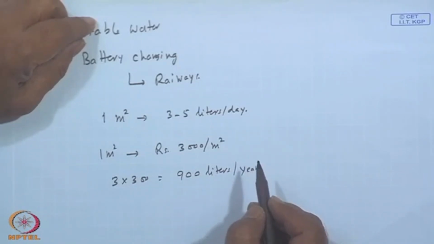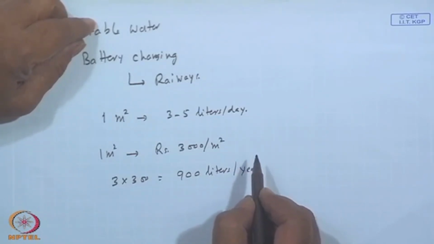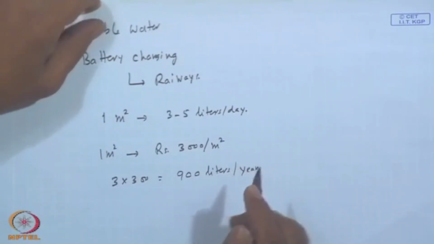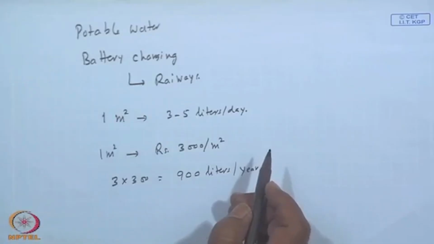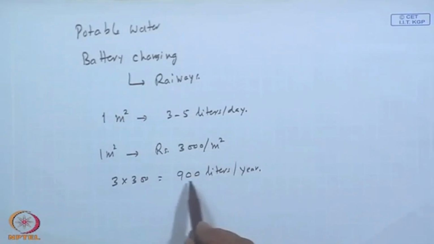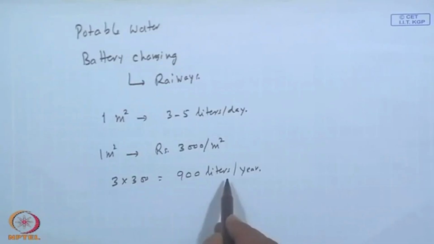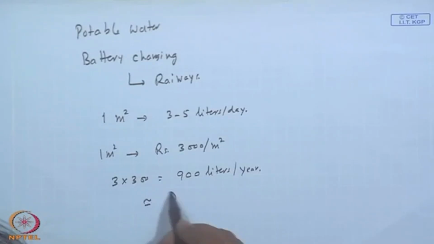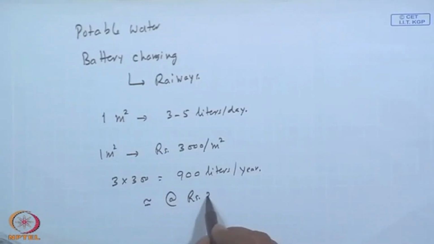In the rainy season, you really do not worry, because you can as well collect the rainwater, which is as good as distilled water, at least after the first 5 minutes of the shower. So, at the rate of 3000 rupees per meter square, if it is 900 liters per year, and a liter at Rs 2, that will be 1800 rupees, so the cost is recovered in less than 2 years.